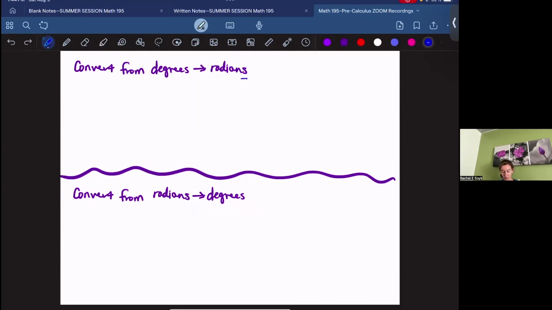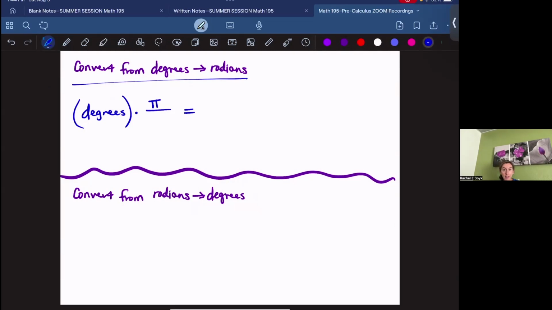So think degrees. That's what we're starting out as. And then we want to go to radians. So in our radians, we have some form of pi, which means our degrees, we got to multiply this by pi.